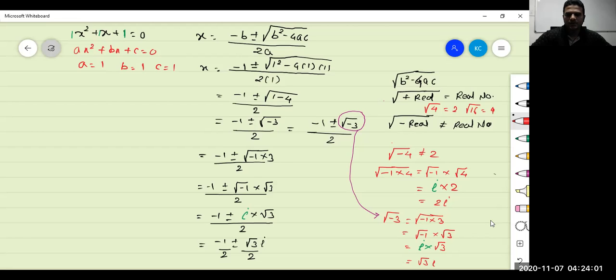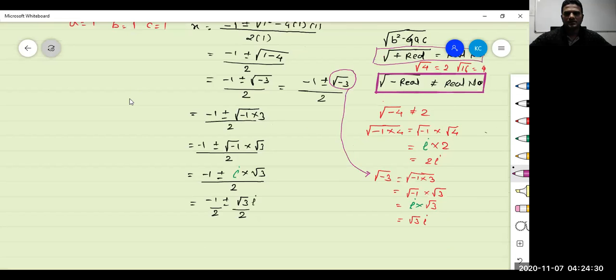You got this point. So root of a positive real number is a real number. Is it correct? But root of a negative real number is not a real number. Then what is it called?